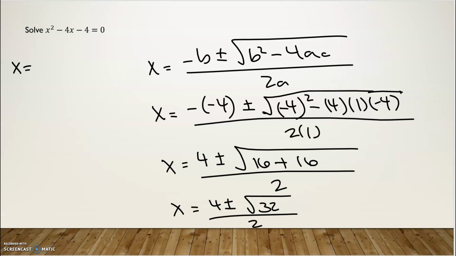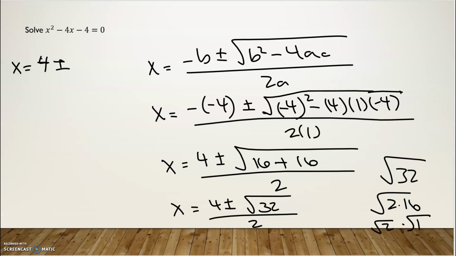Now let's work the square root of 32. We just saw that 16 times 2 is 32. We could write this as 2 times 16, so square root of 2 times the square root of 16. Oh, 16. That would be square root of 2 and, goodness, I keep trying to write a 4 here.